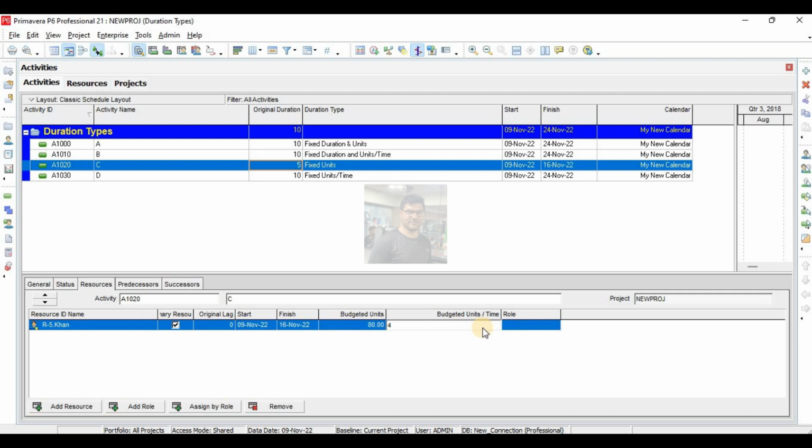Let's make it 4, duration will be 20. So in fixed units, if you change duration, units per time will change, and if you change units per time, duration will change. But what if you change units? If I change units, then the priority is that units per time remains the same, and duration will change. Let's say I make it 160. So see here, duration is changing.